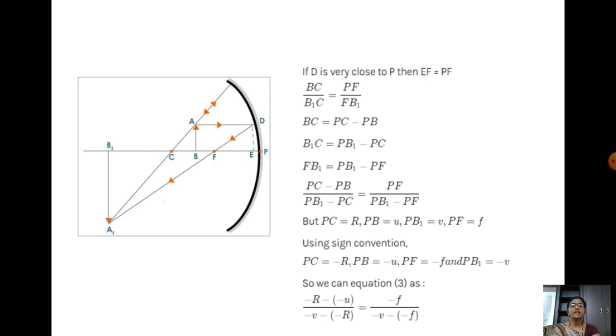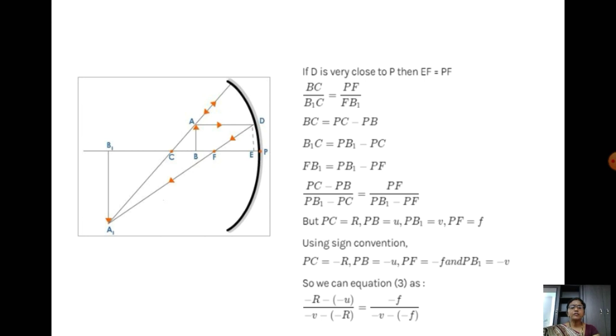FB1 is equal to PB1 minus PF. Now substitute all these values in the above equation. Then you get PC minus PB by PB1 minus PC is equal to PF by PB1 minus PF.